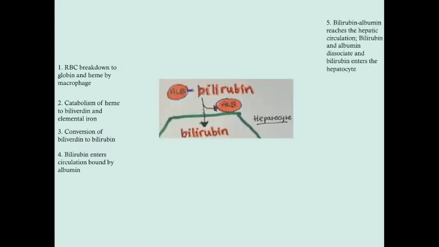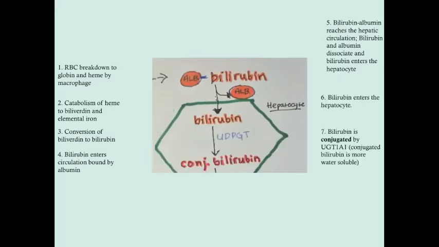So the bilirubin is transported to the liver, bound to albumin. The albumin dissociates from the bilirubin, and then the bilirubin enters the hepatocyte. And then the important step here, when we're talking about direct versus indirect bilirubin, is that the bilirubin is conjugated, has some sugar moieties added onto it, and that's by this enzyme UDP glucuronyltransferase, also called UGT1A1.